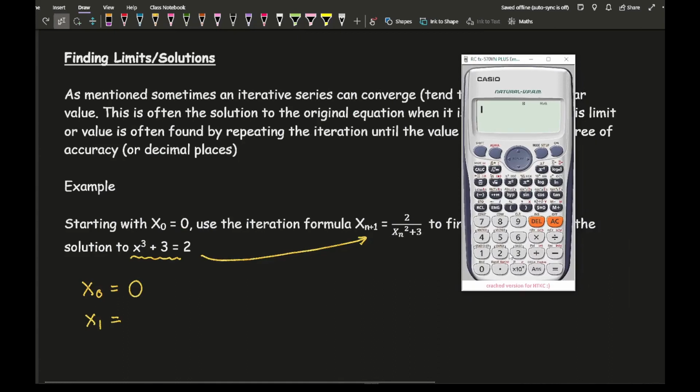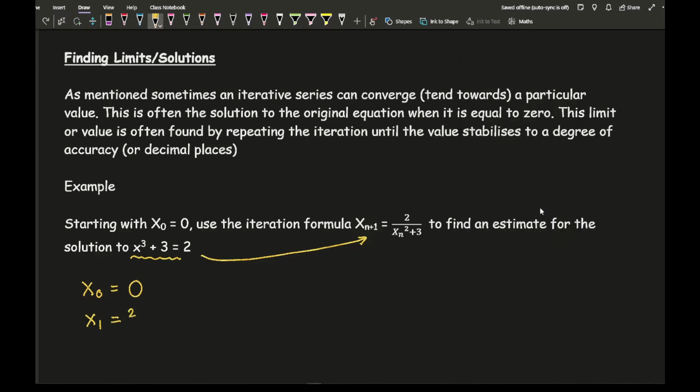So we've got 2 over 0 squared plus 3, equals, and it gives me 2/3, or as a decimal 0.6 recurring. So I'm going to write 2/3, or I could write 0.6 recurring.